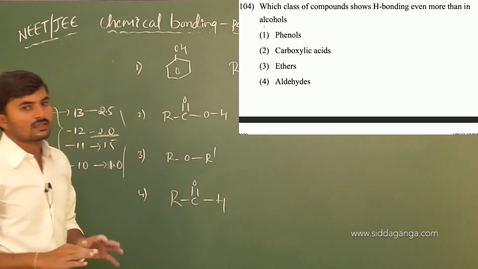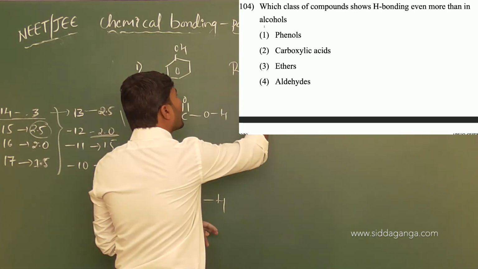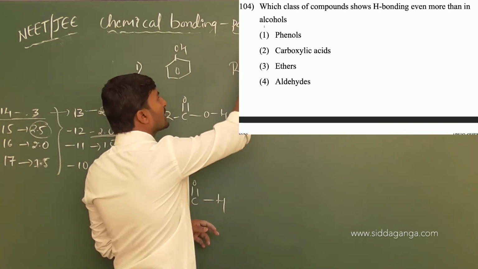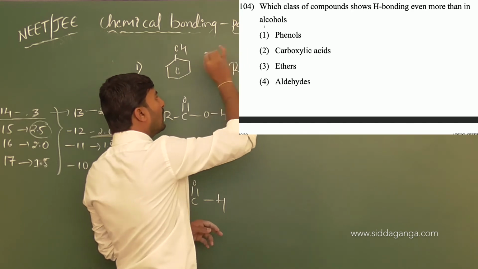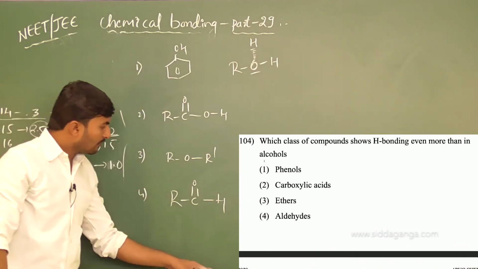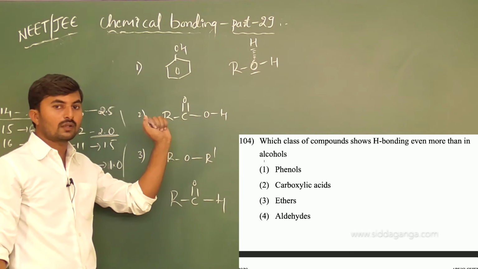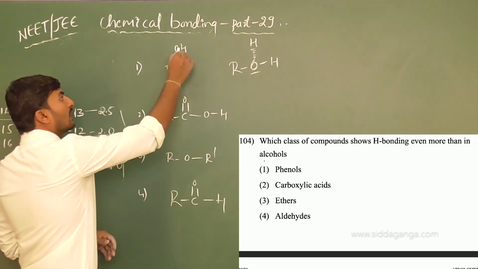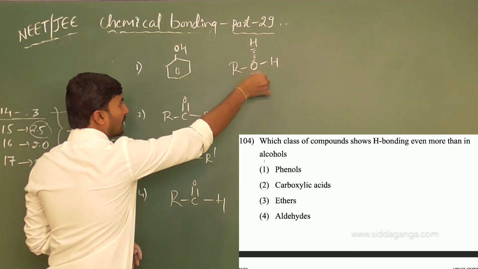In alcohols, in order to be involved in hydrogen bonding, we have only one oxygen atom here, because the hydrogen atom lies in between hydrogen and the most electronegative atoms like oxygen, fluorine and nitrogen. All these molecules have oxygen atoms to get involved in hydrogen bonding, but here we have only one oxygen atom, the same as this alcohol.